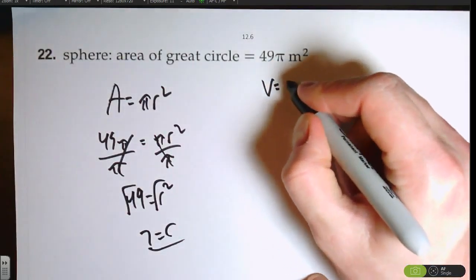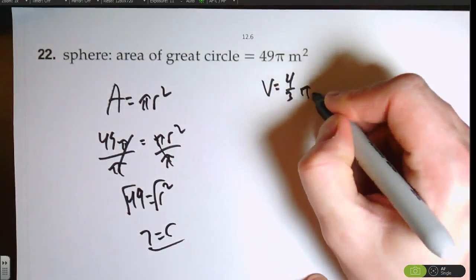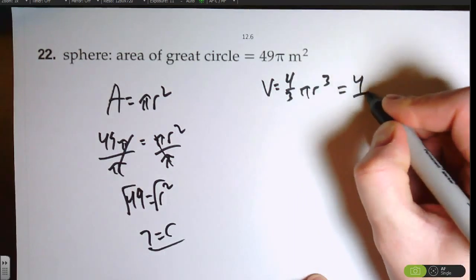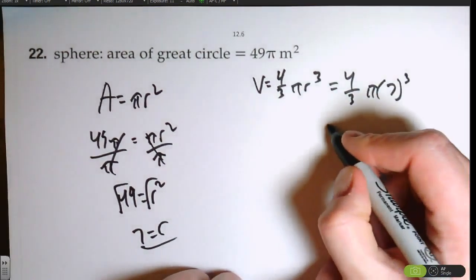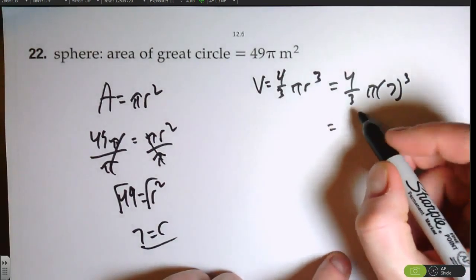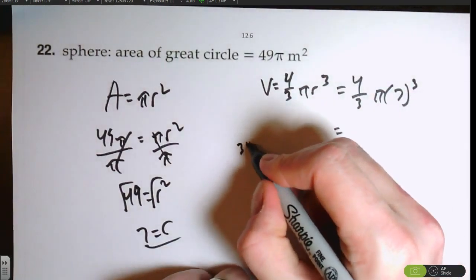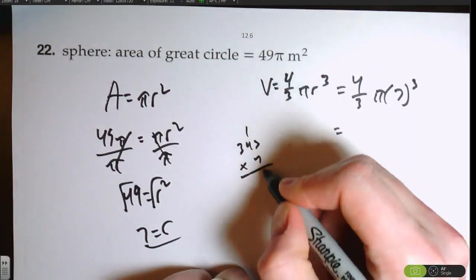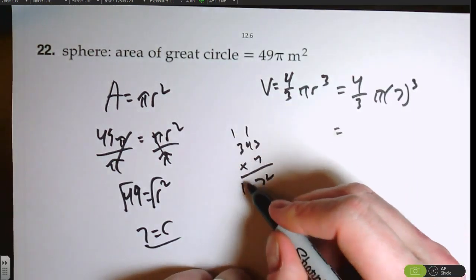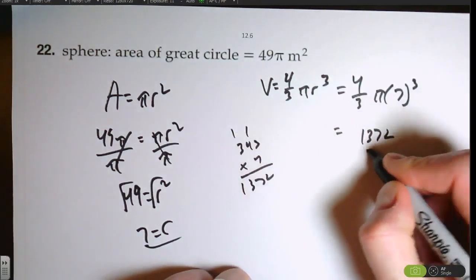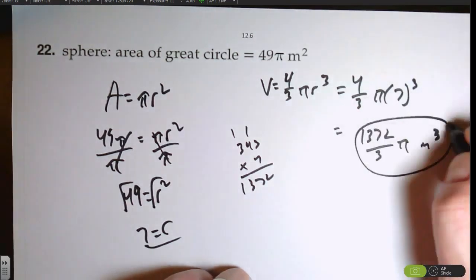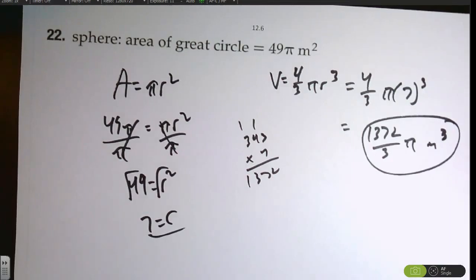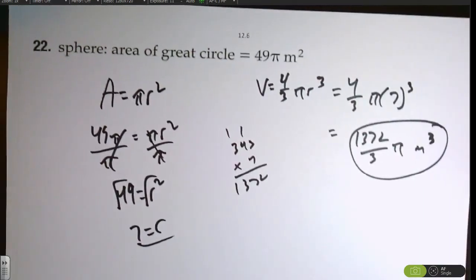So volume of a sphere is 4/3 pi r cubed. So 4/3 pi times 7 cubed. That's 343 times 4, 1372 over 3 pi meters cubed. There we go.